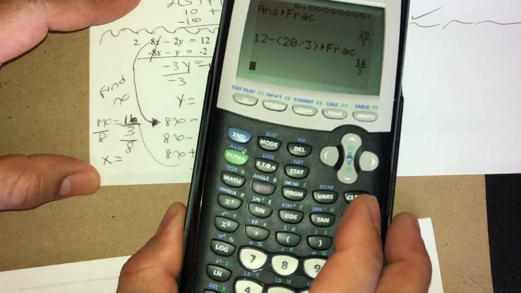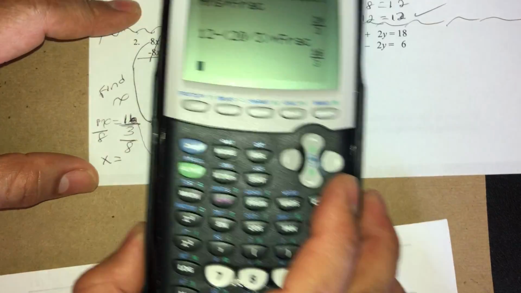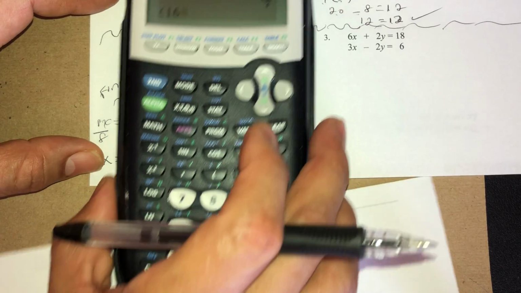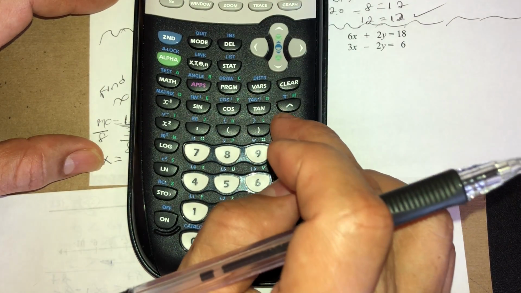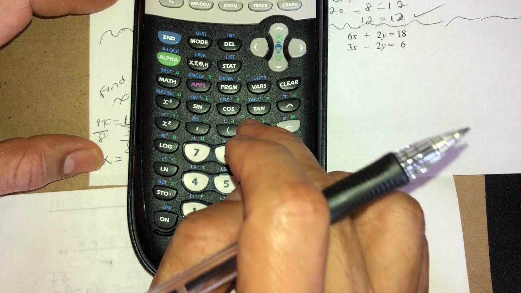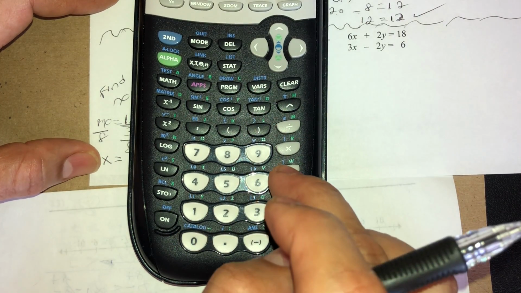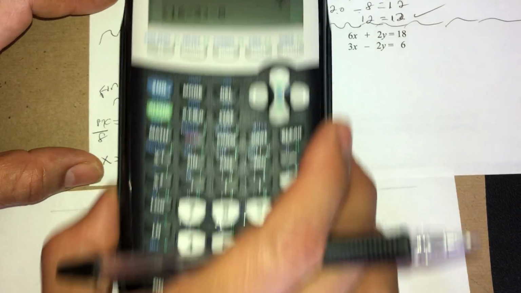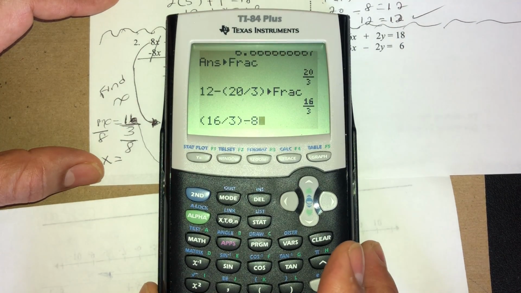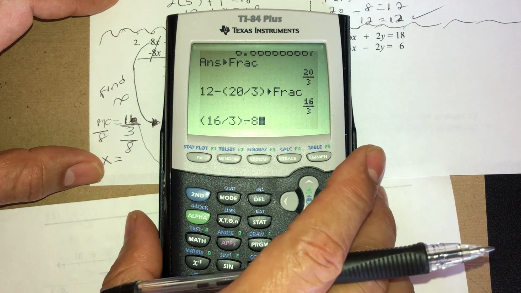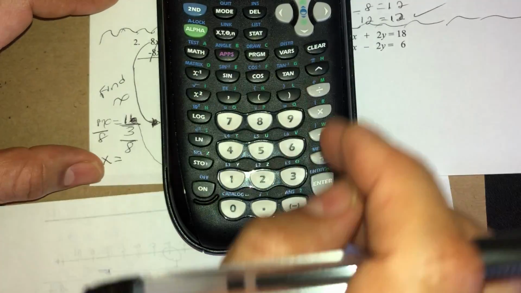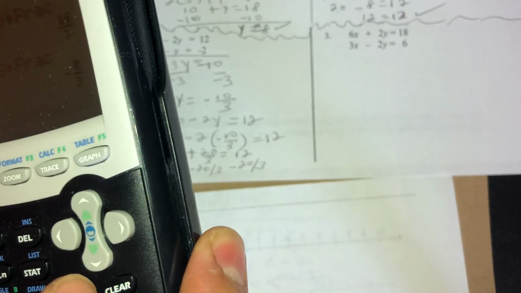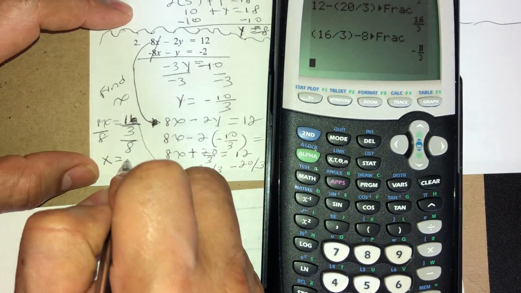Listen, in parentheses, you're going to put 16 divided by 3, close parentheses, divided by 8. You're going to write it like that. You're going to do math, enter, enter. Let's see what happens. Math, enter, enter. And you get negative 8 over 3.